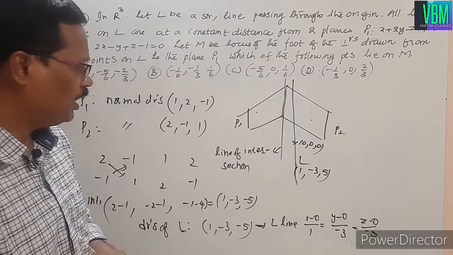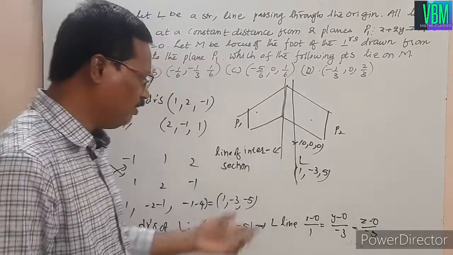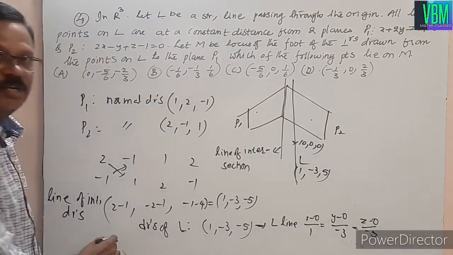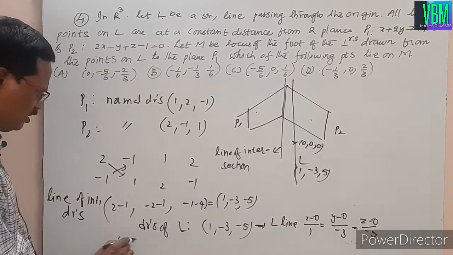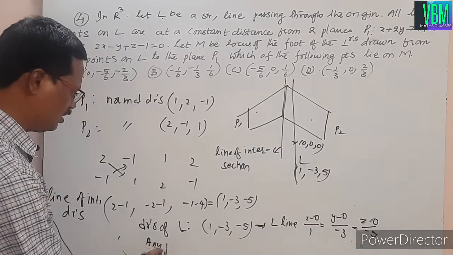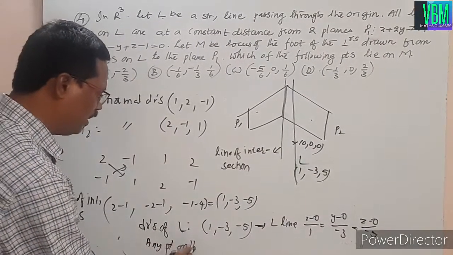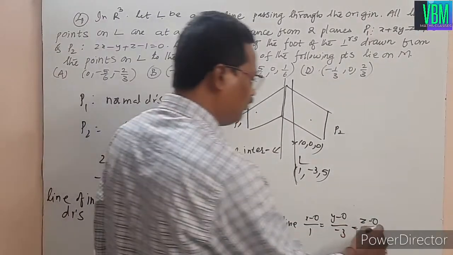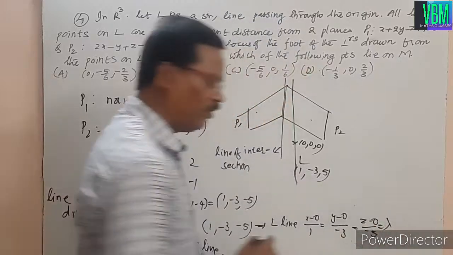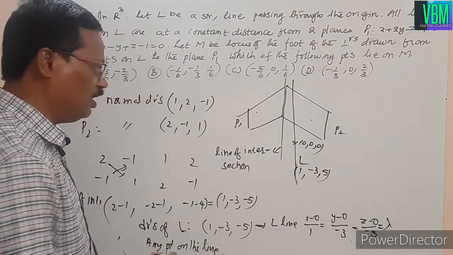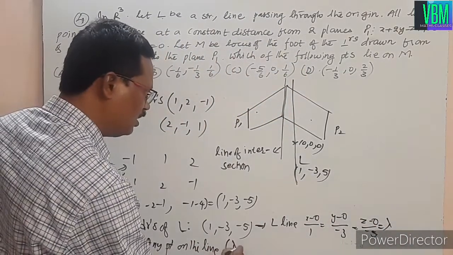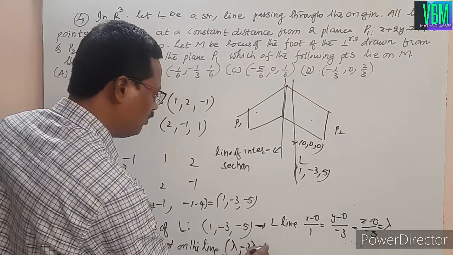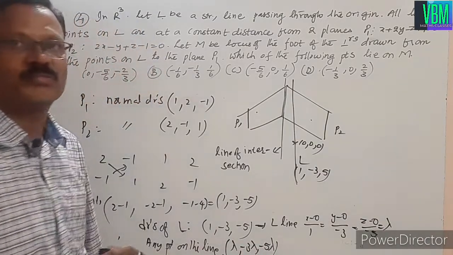Now, any point on the line is, considering lambda, (lambda, minus 3 lambda, minus 5 lambda).